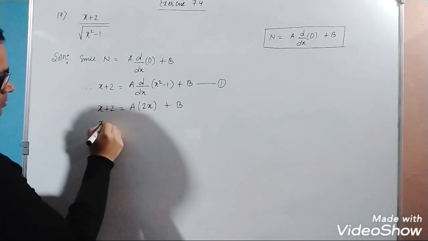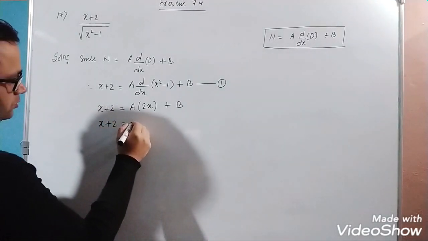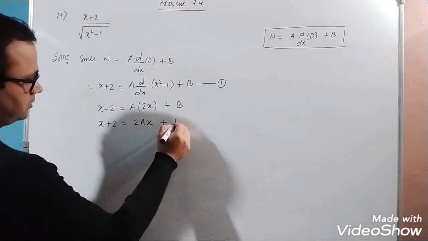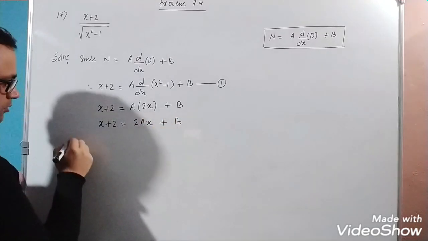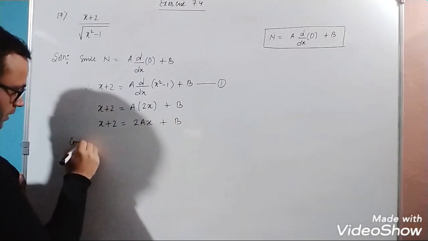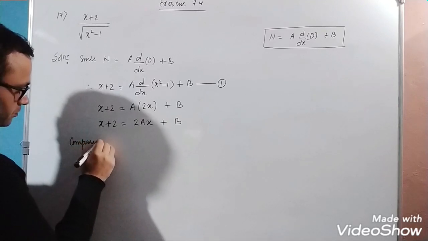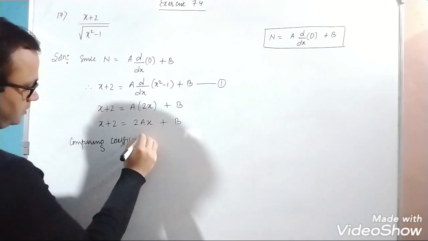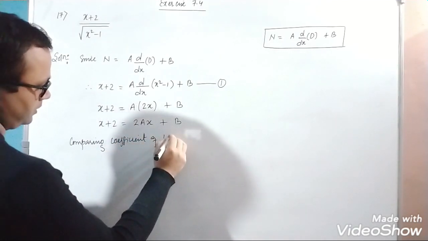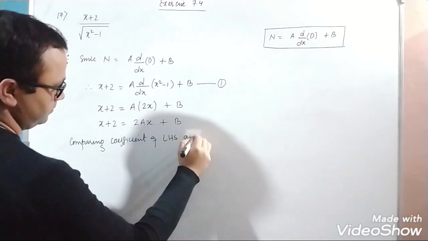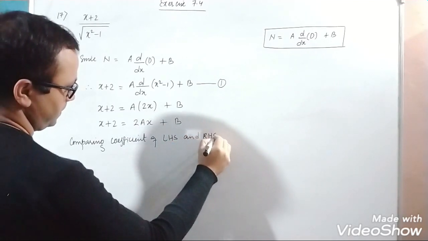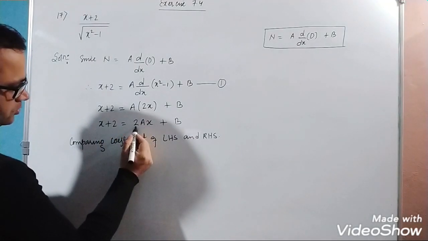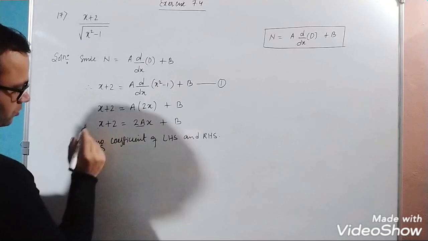Now x plus 2 equals 2ax plus B. Now comparing the coefficients of LHS and RHS. On the right hand side the coefficient of x is 2a and on the left hand side the coefficient of x is 1.